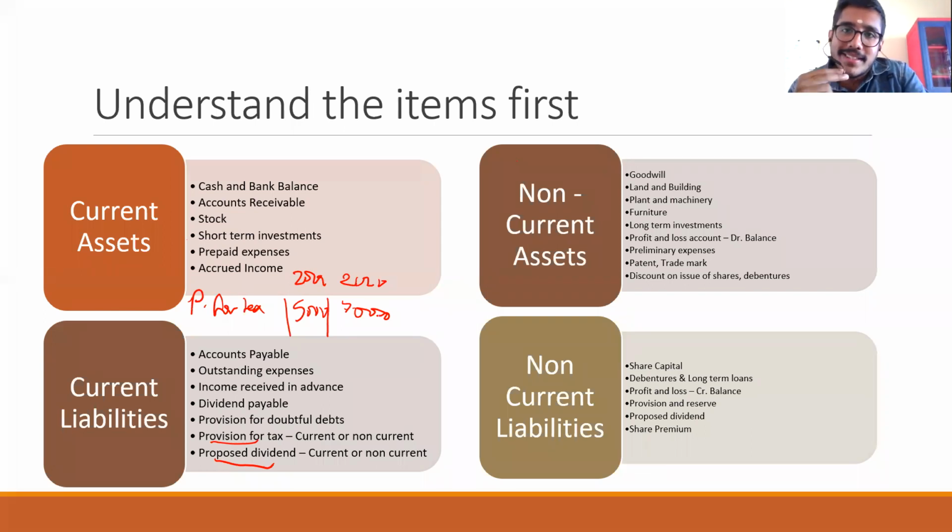What is tax? The company has to pay tax, right? Yes. So we are making a provision for that tax. In 2019, we had made a provision of 5,000 rupees. That is last year. And in 2020, we made a provision of 7,000 rupees. So when are we preparing the fund flow statement? 2019 or 2020?